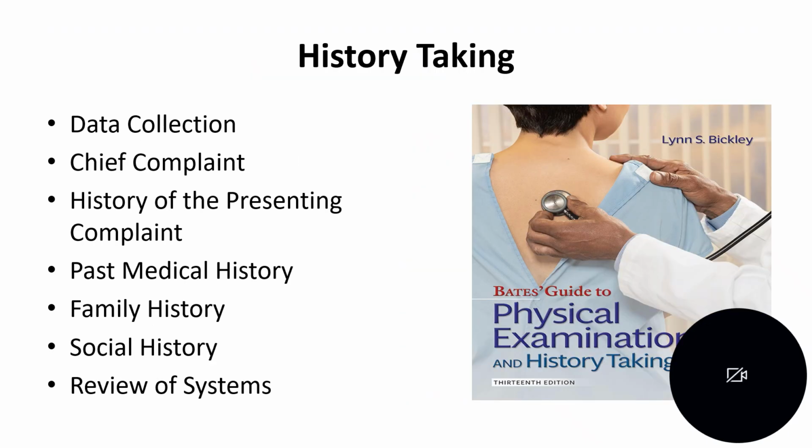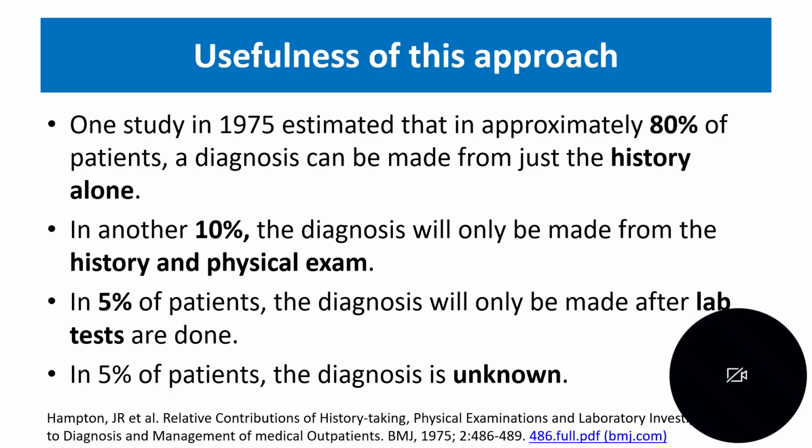I remind you that your history taking covers data collection: chief complaint, history of the chief complaint, past medical history, family history, social history, review of systems. You all have been drilled in this particular approach.